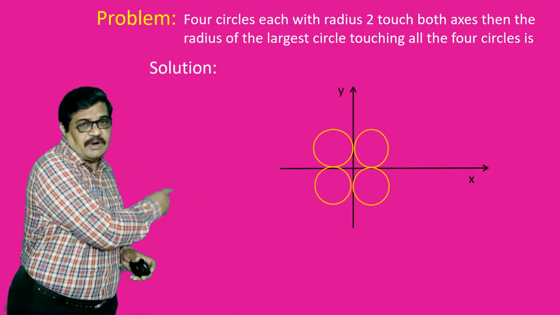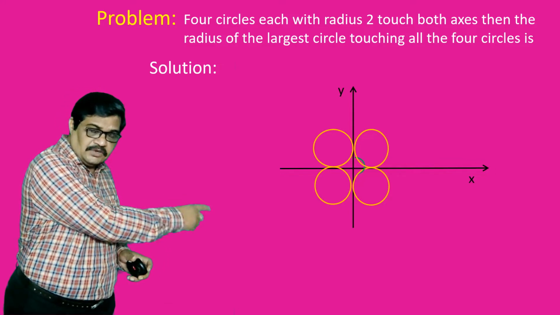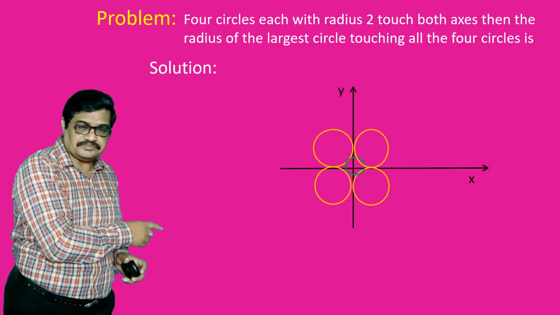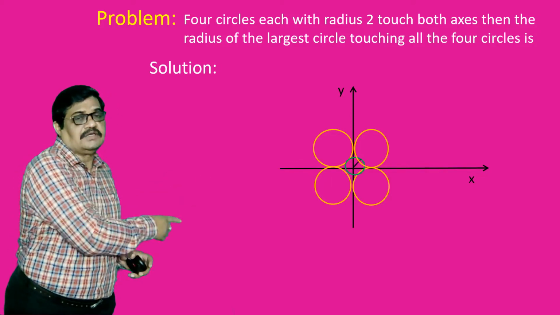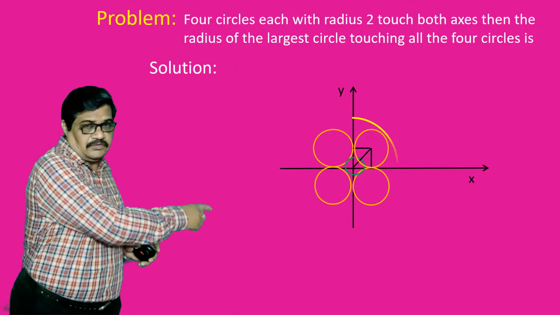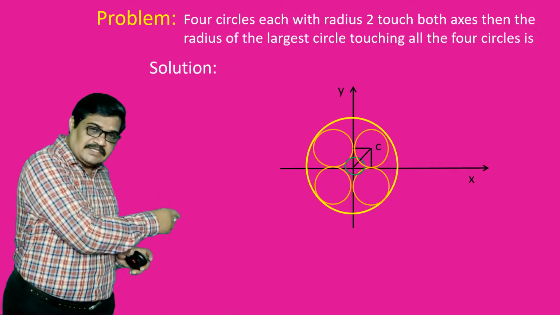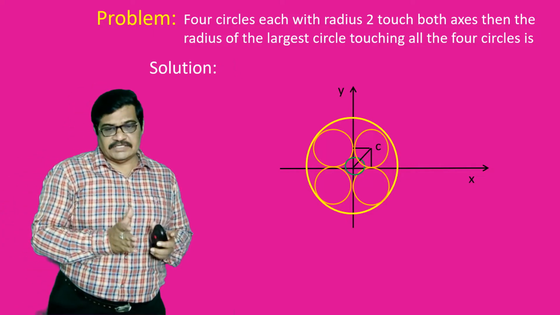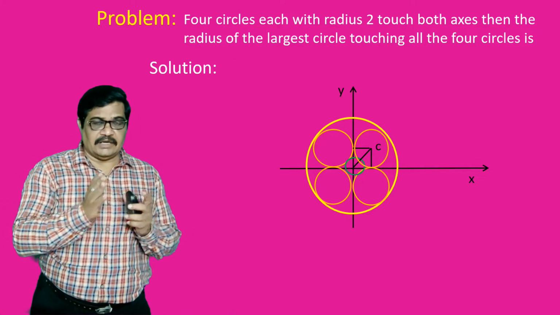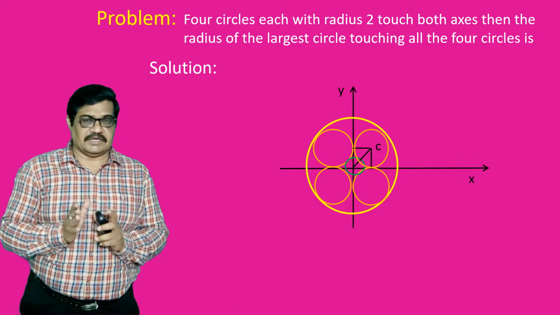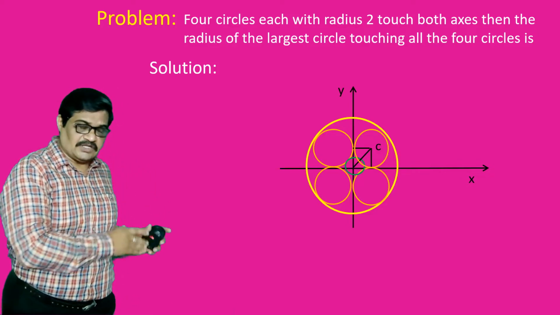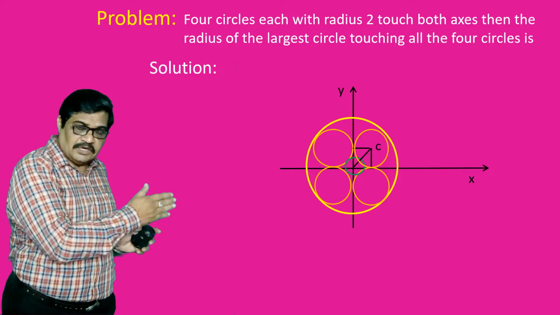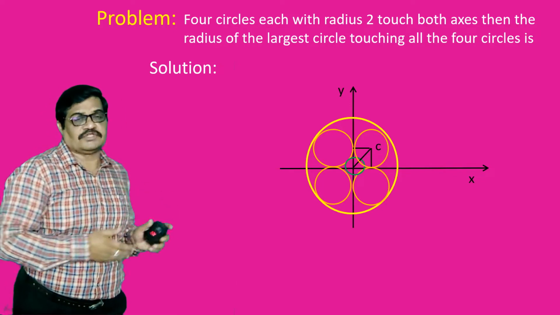This is the small circle which touches the four circles. Another circle also touches the four circles. This circle is the largest circle. So we have two circles, one smaller and one larger. The small circle touches these four circles and the larger circle also touches all four circles.